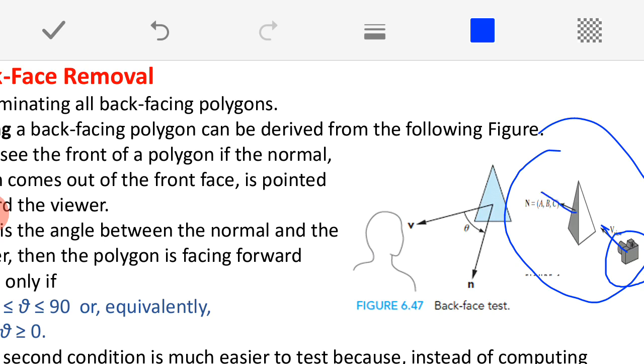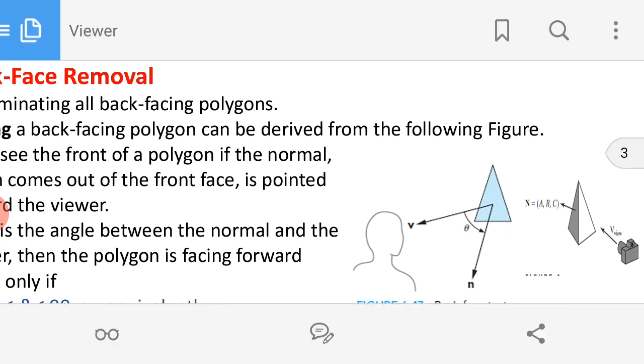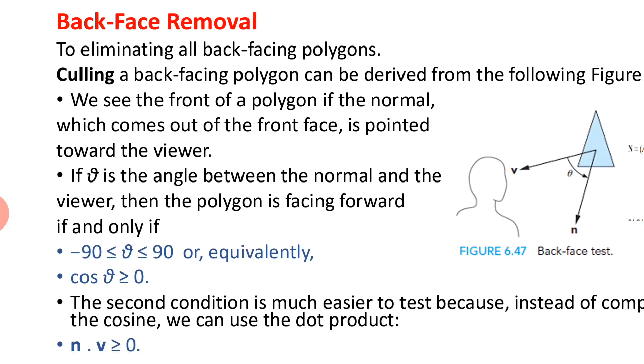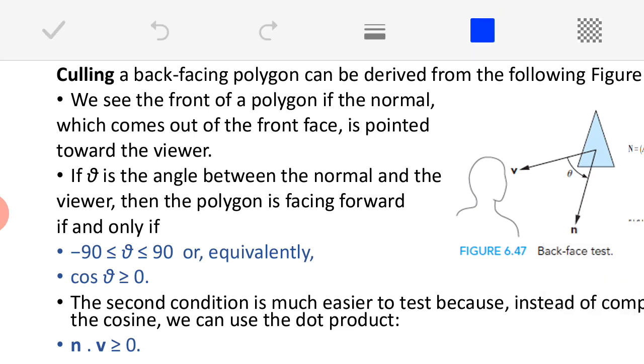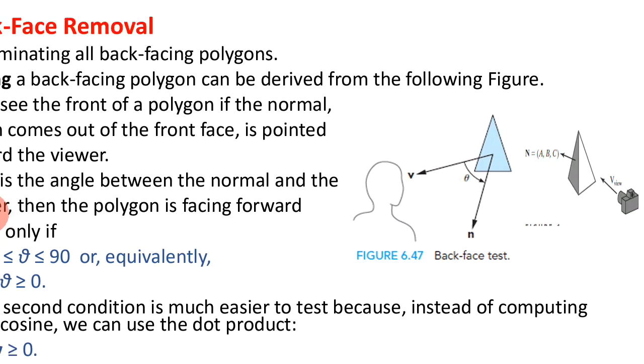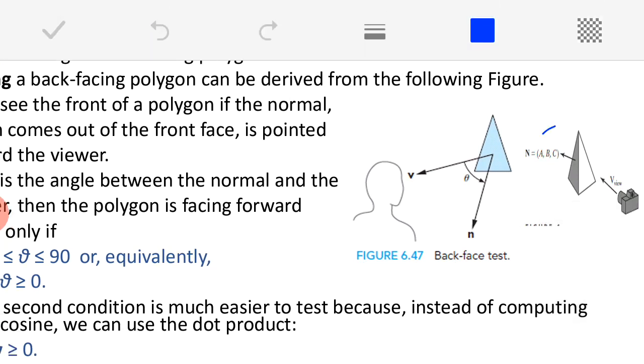That normal direction has gone opposite to the viewer or camera, so this condition is not going to hold good. Then automatically I can conclude that this particular face is back side.